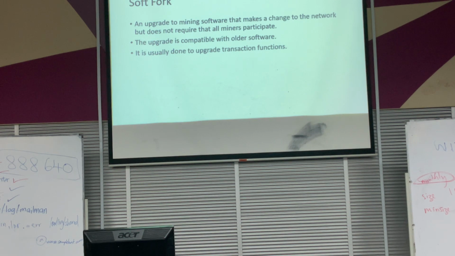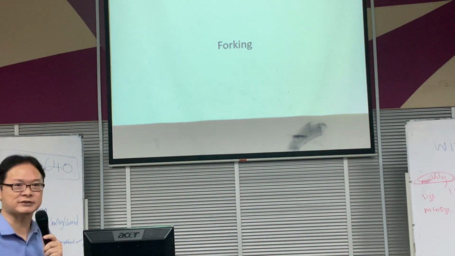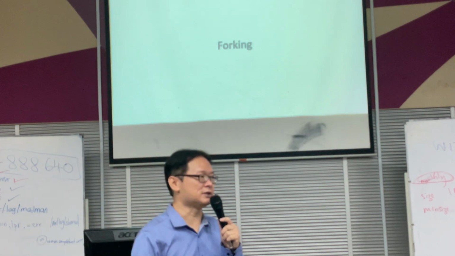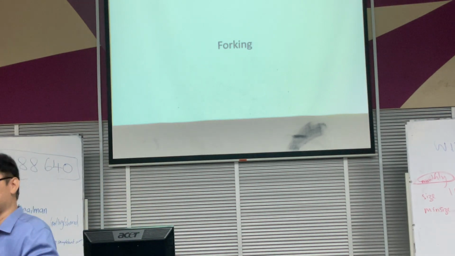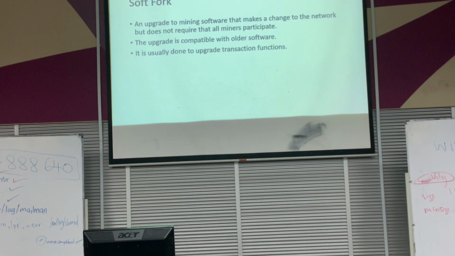When you change, you cause forking to happen, and it depends on how big your change is. Migrating from proof of work to proof of stake, is that big or small? Very big, a totally different consensus protocol. When there's a big change, we have a problem. When you have a small change, it's fine. A small change we call a soft fork; the impact is not so big.